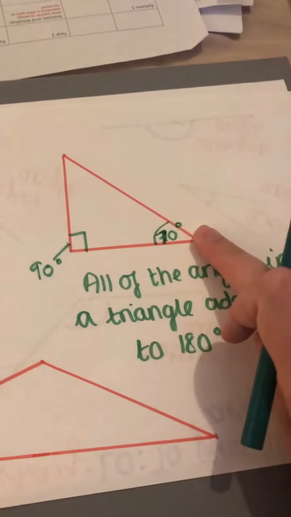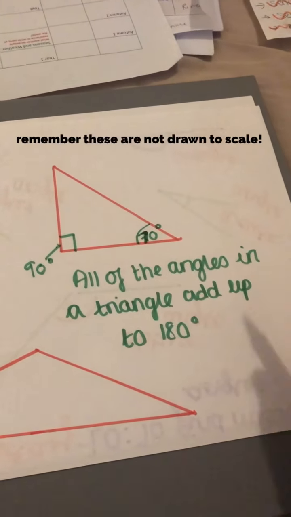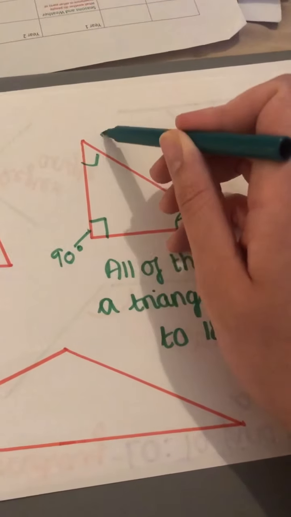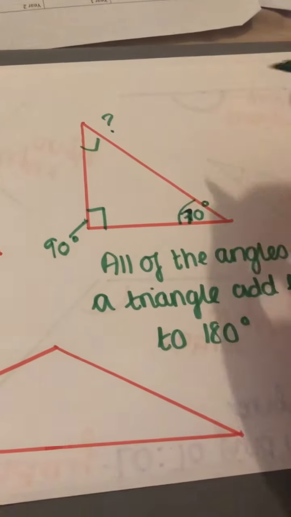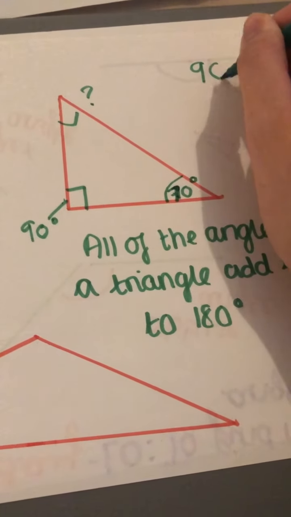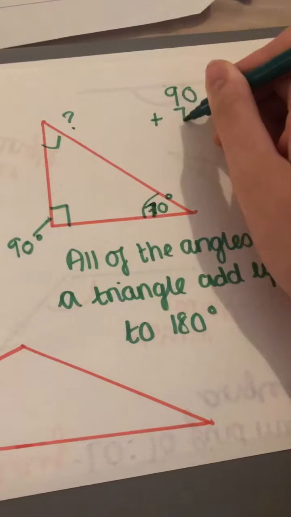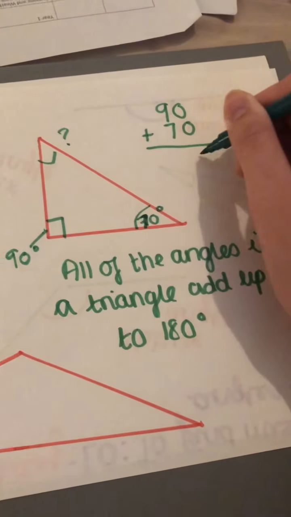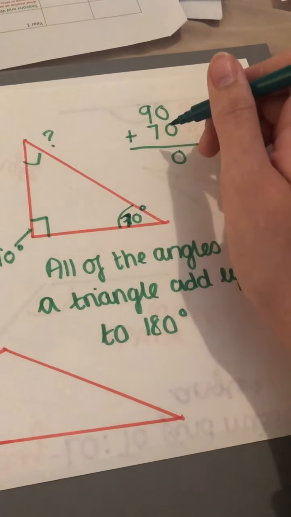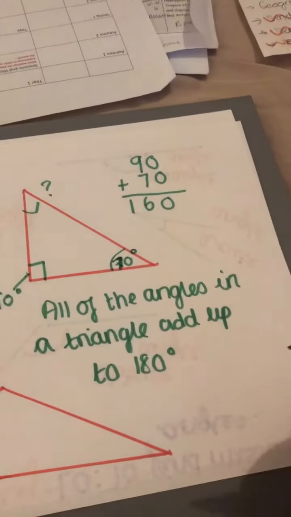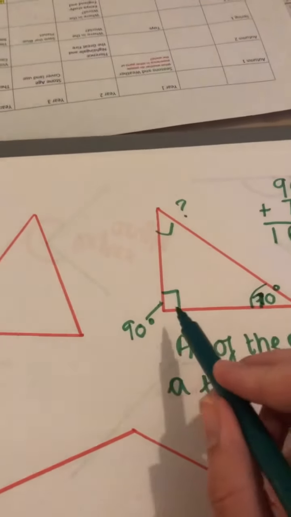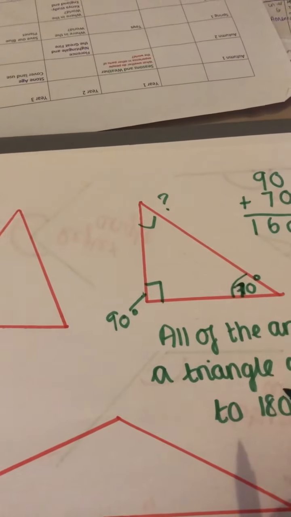And I know this angle measures 70 degrees because we're going to pretend that I've measured it, but I haven't. So, to work out this angle, I need to do some sums. I am going to do 90 add 70. Most of you will do this in your head, but I know it's 160. And so now I know the total of these two is 160.